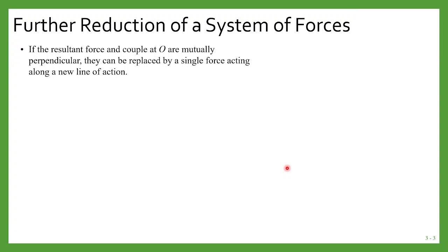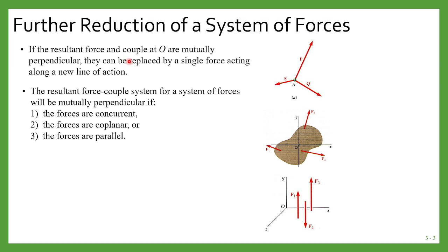Now we will see further reductions of a system of forces. If the resultant force and couple at O are mutually perpendicular, they can be replaced by a single force acting along a new line of action.